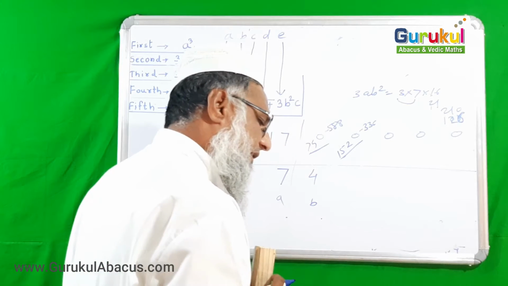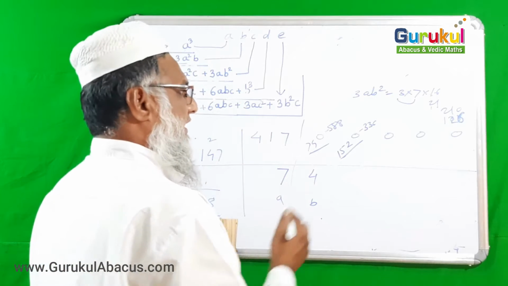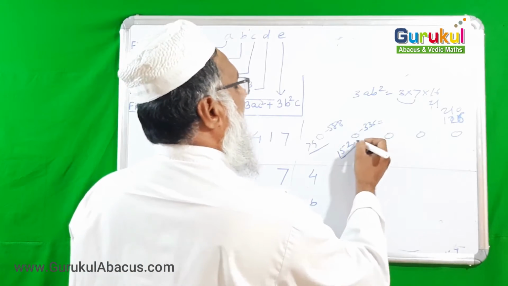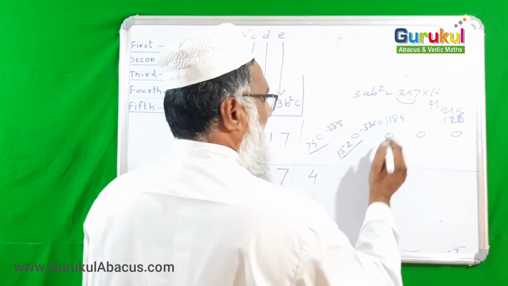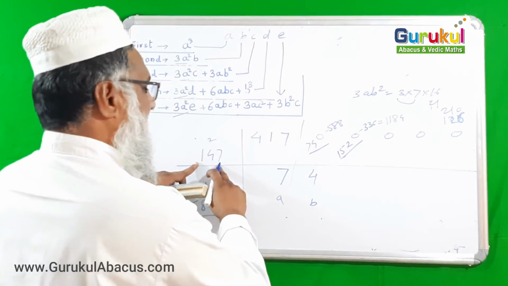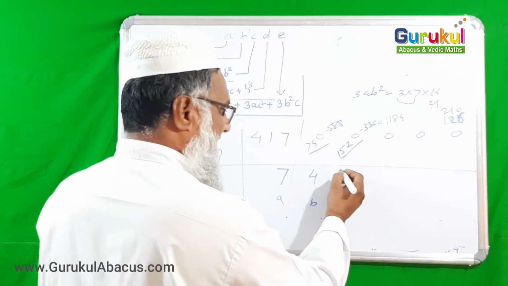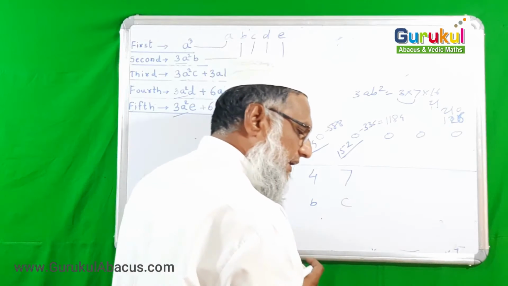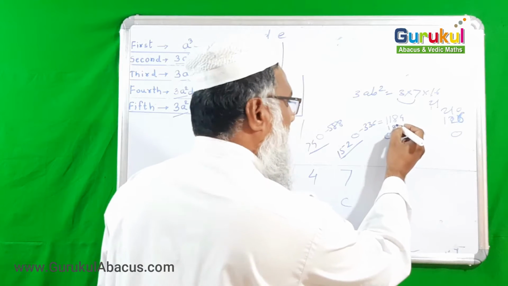So if we subtract 336, we are getting here 1184, and from 1184 now we can subtract 7 times 147, taking 7 as c, and 7 times is 1029.